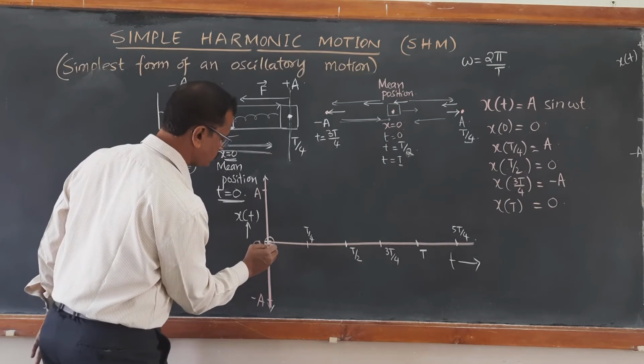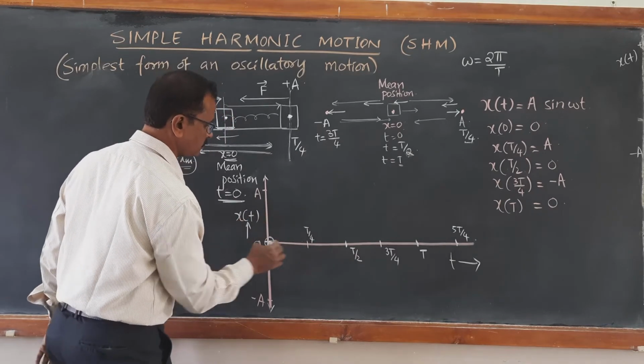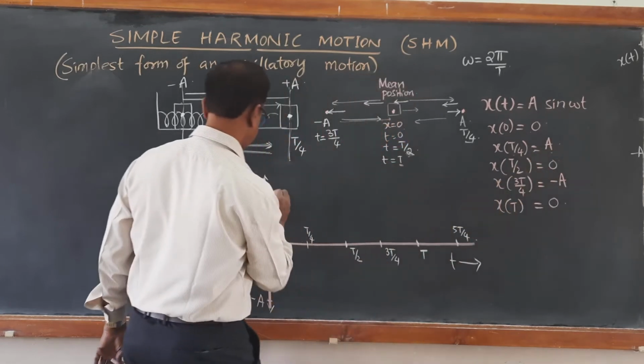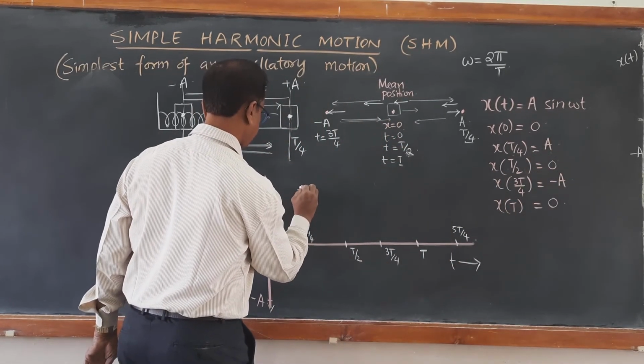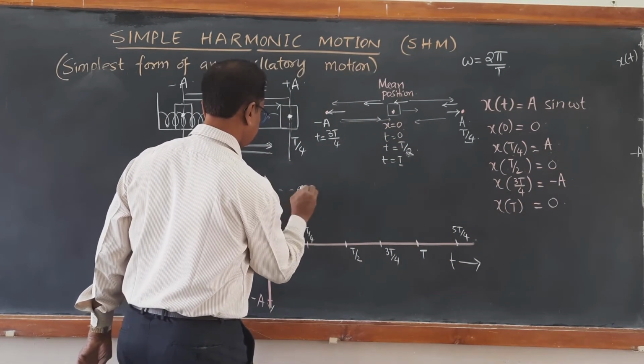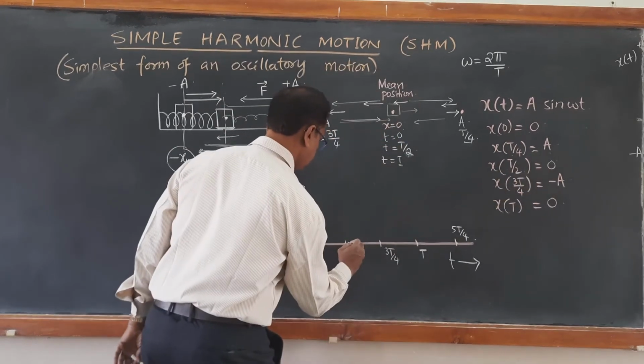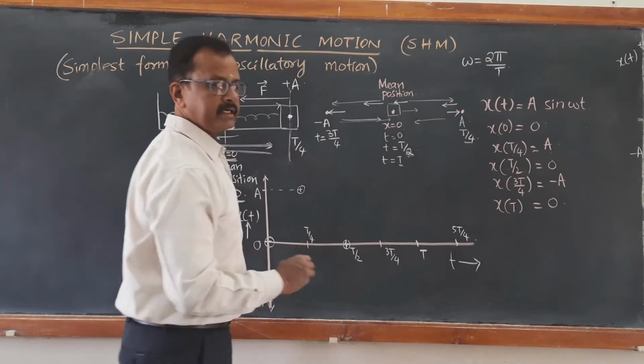At time t equal to 0, we get x equal to 0. At time t equal to T/4, we get plus a. At time t equal to T/2, we get again 0. We will get a sine curve.